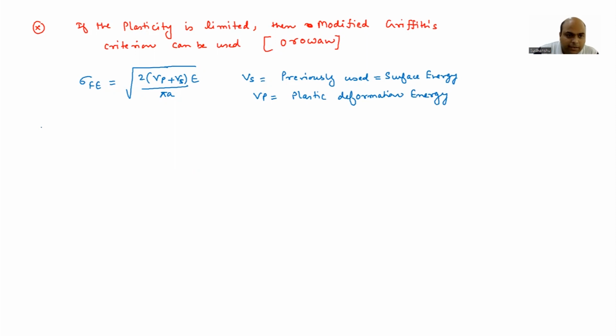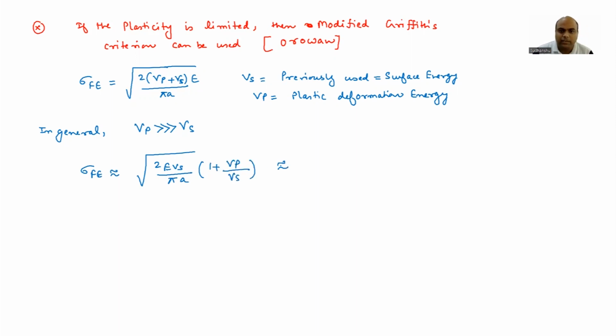Okay. In general, the gamma P is much higher than gamma S. So we can approximate the above equation as now 2 E gamma S by pi A times 1 plus gamma P by gamma S. And gamma P by gamma S is going to be much higher than 1.